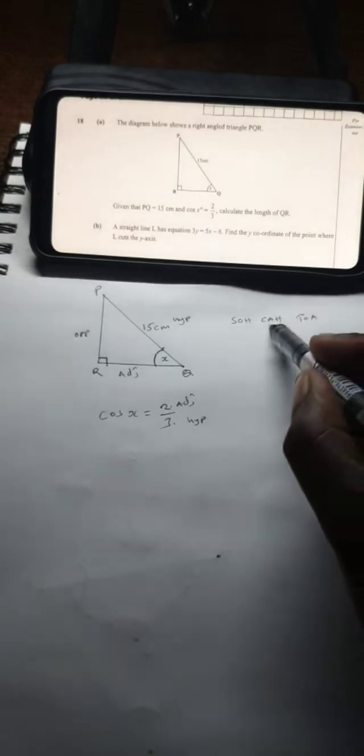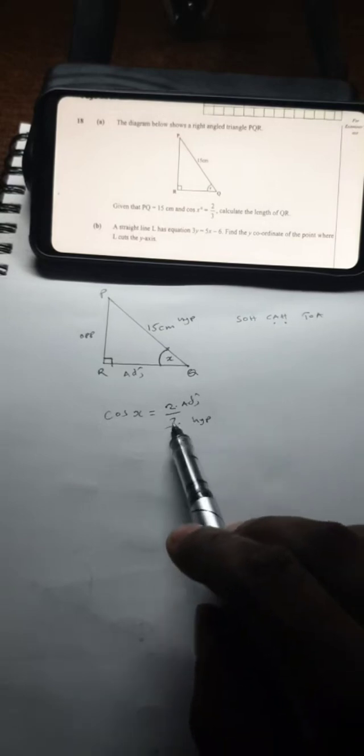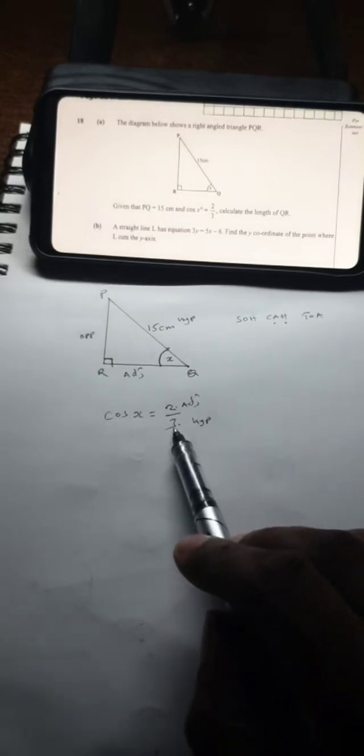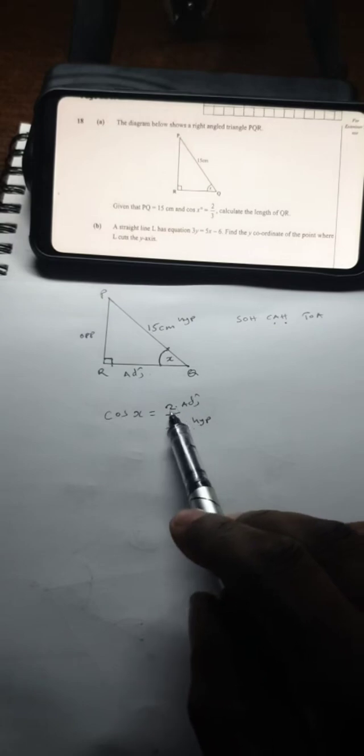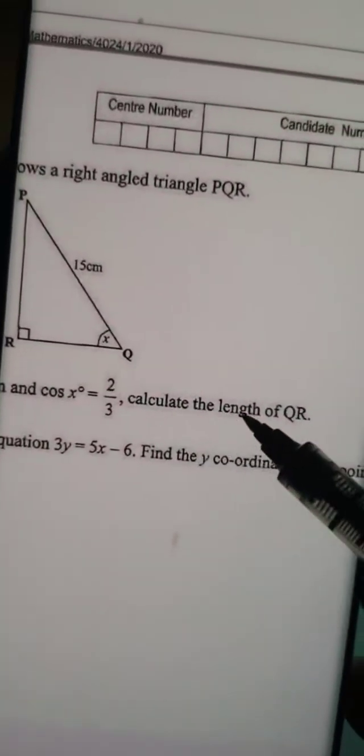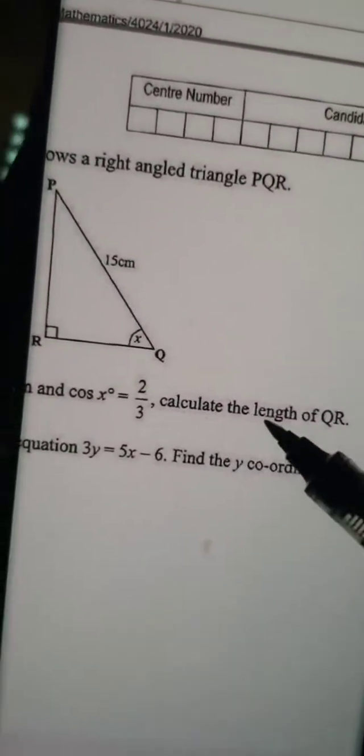According to SOHCAHTOA, adjacent over hypotenuse. Now, if we change the hypotenuse to 3, then they want us to find the same adjacent. Because the question is saying find the length of QR or calculate the length of QR. QR, according to our description, is adjacent.